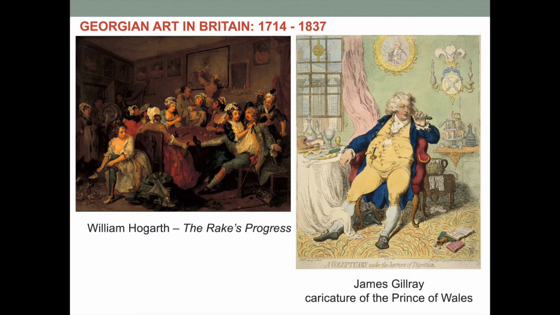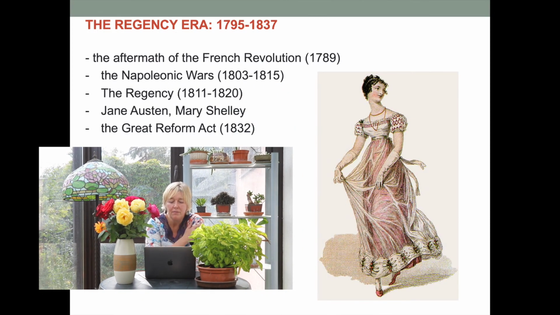And here we have a caricature of the Prince of Wales, the later King George IV, the last of the first four Georges, by one of the masters of the genre from the turn of the 19th century, James Gillray. The last part of the Georgian period in Britain is sometimes called the Regency era, because of this ridiculed, gluttonous and spendthrift Prince of Wales.